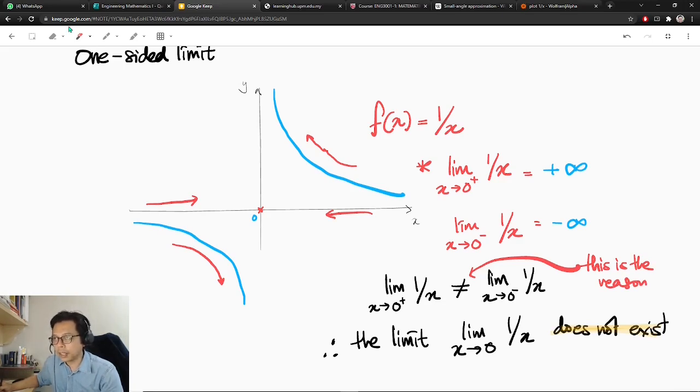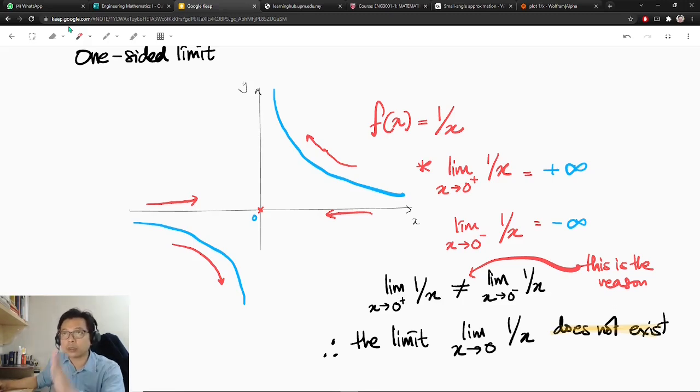Let me conclude this. The function is 1 over x. We want to see what happens to that function as x approaches 0. We see that if we approach 0 from the right-hand side, it's plus infinity, and from the left-hand side it's minus infinity. So it's not the same. Because they are not equal, we can say the limit of 1 over x as x approaches 0 does not exist.